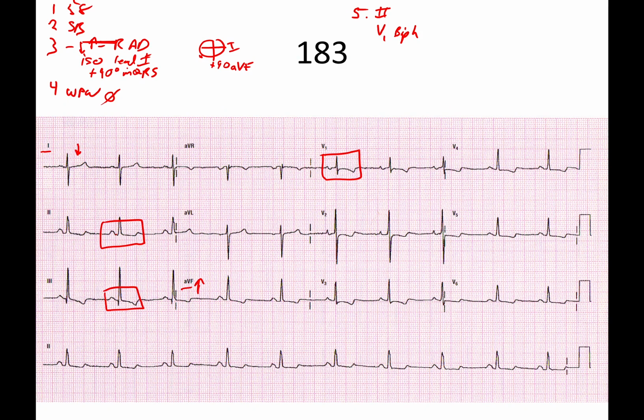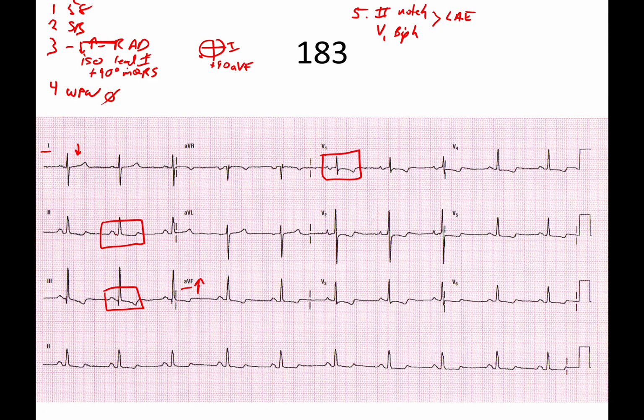So between the notching in lead 2 and the biphasic in lead 1, it's not quite perfect, but it's in the right zone. We're going to say left atrial enlargement.